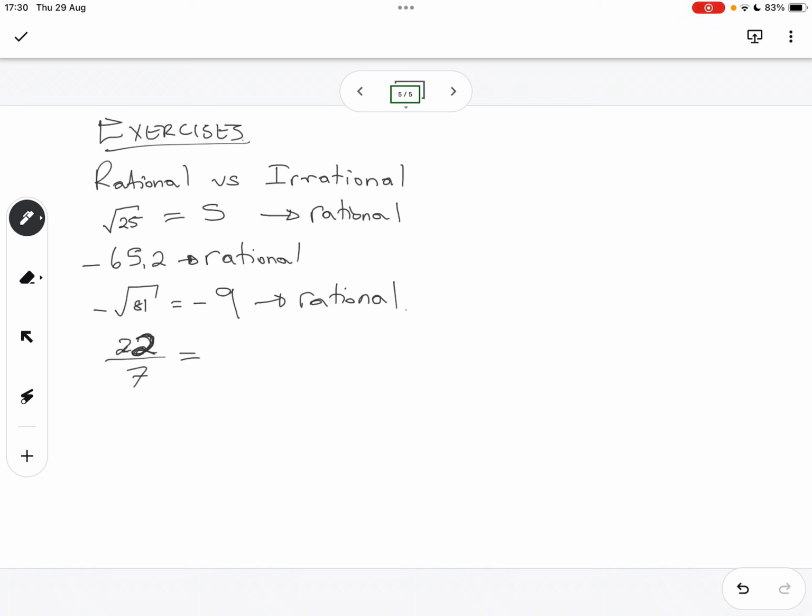Okay, this one I think we can also check with a calculator. If I do 22 divided by 7, 3.1428. Okay, looking at that, what is that an example of? Irrational.